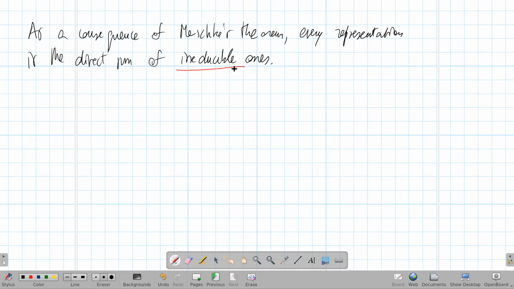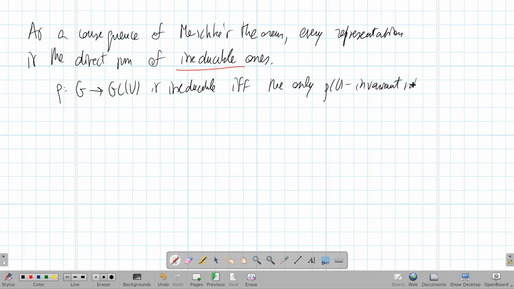And irreducible are the simplest possible components. So remember the definition I gave yesterday: this is irreducible if and only if the only rho(G)-invariant subspaces of V are the trivial ones, 0 and V.